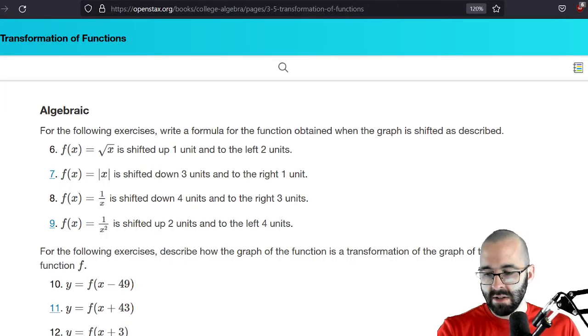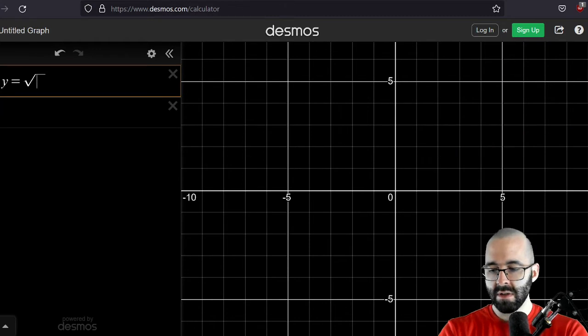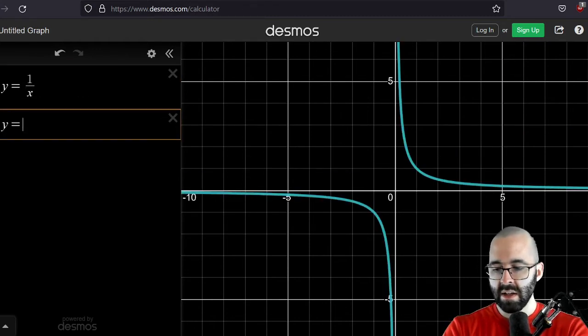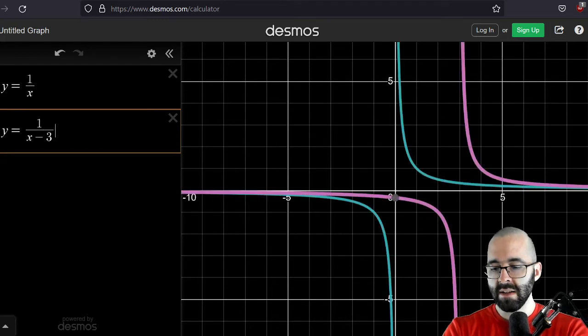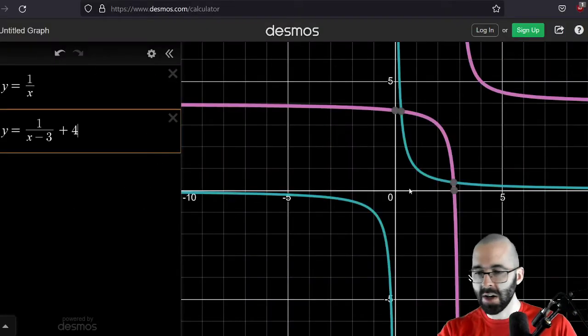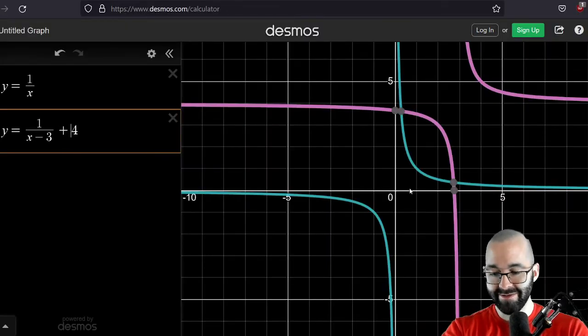Okay. Go back to Desmos and say, okay, now our toolkit function is 1 over x. If we subtract 3 on the inside and add 4 to the outside, are we moving the whole thing down 4 and right 3? Oh, wait. Should be a negative because that is not down 4.